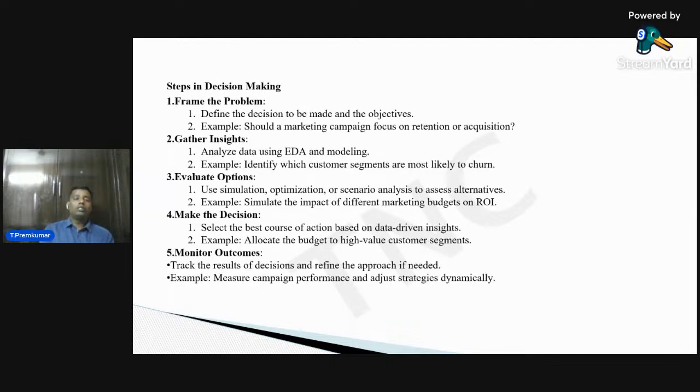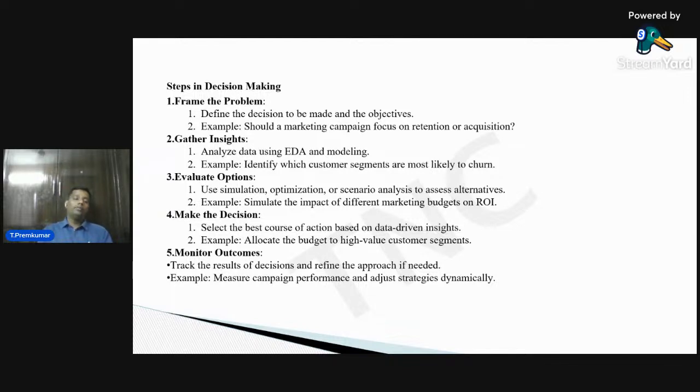The steps involved in decision making are: frame the problem, which defines the decisions to be made and the objectives. Next is gather insights, which analyzes the data using EDA and modeling. Then evaluate options, which uses simulations, optimizations, or scenario analysis to assess the alternatives.